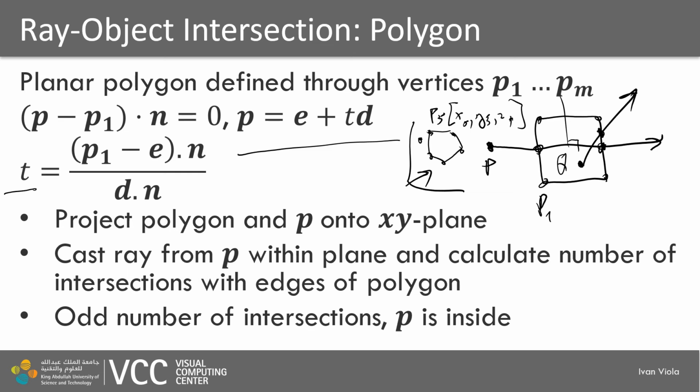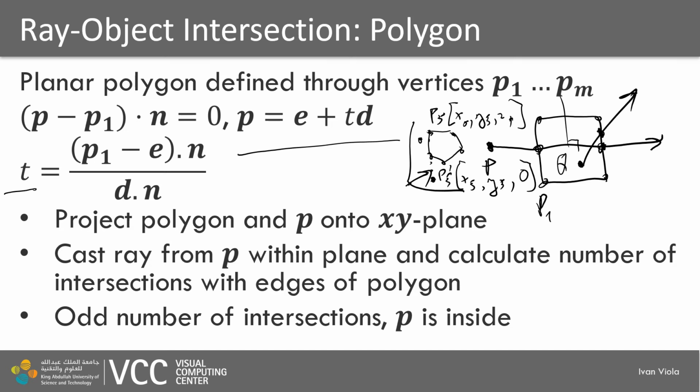Then the projected version of this point, P5 prime, will have the values x5, y5, and for z, it will be 0. So we simply forget about the z coordinate for all these points.